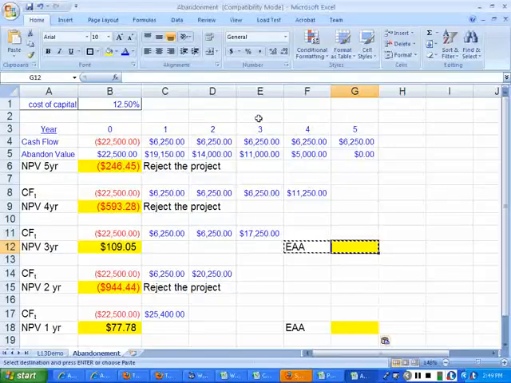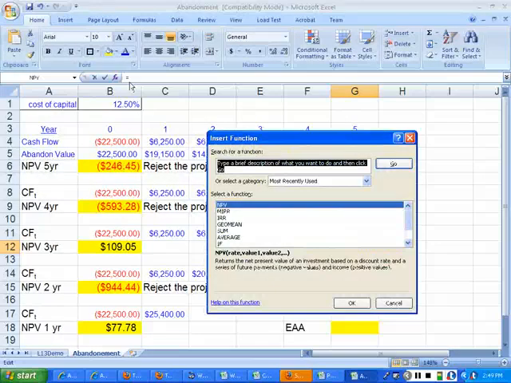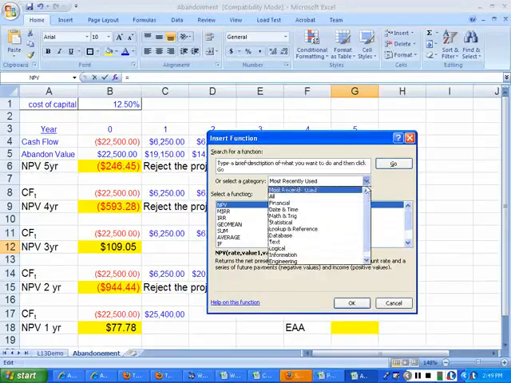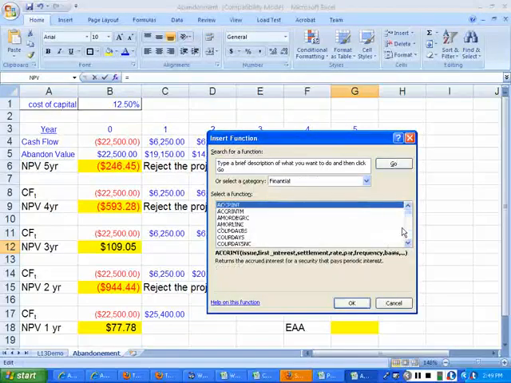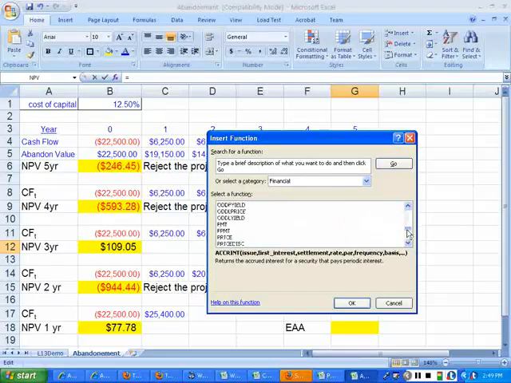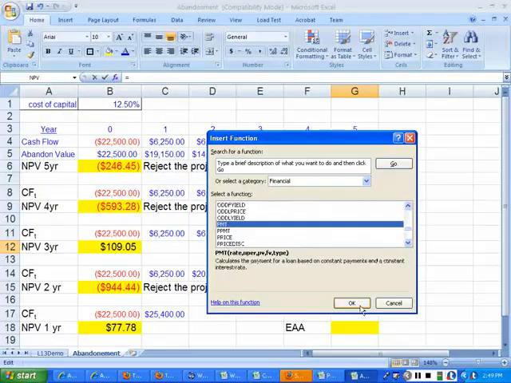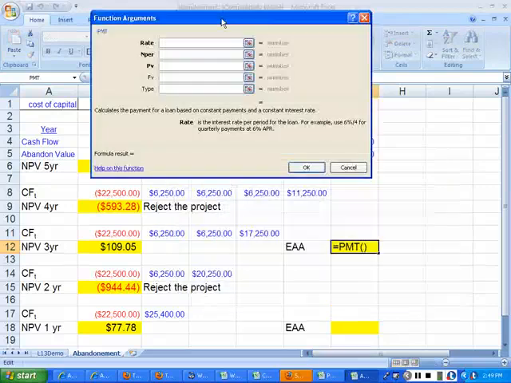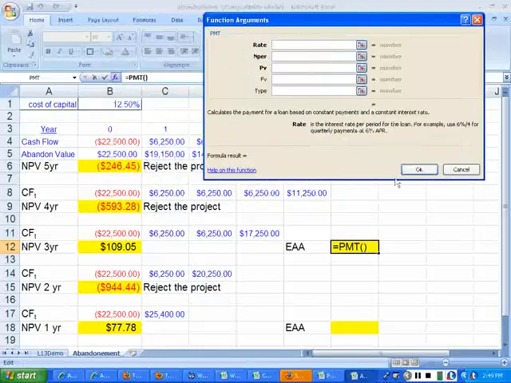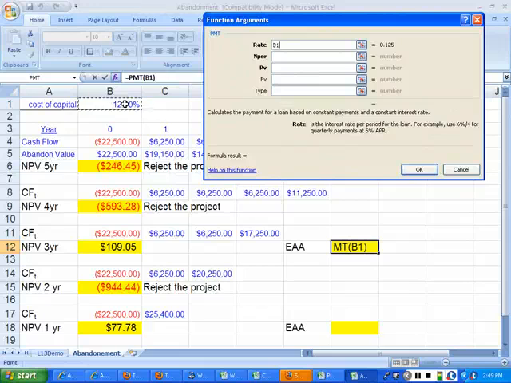Since it's an annuity, what we're going to be able to use, under the financial functions, is a function called the payment function. So PMT. If we choose the PMT function, it asks what is the rate that we're going to use? It's the discount rate of 12.5%. How many periods?